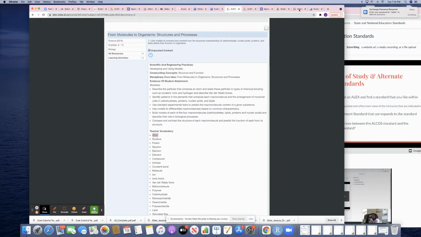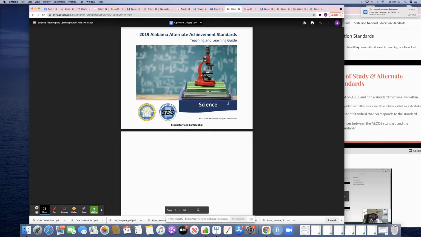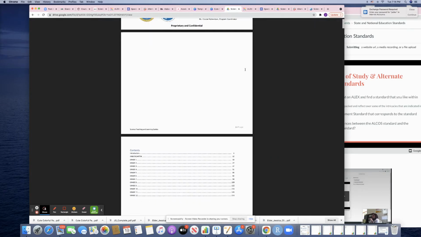The next thing on our job aid, push the back button here, is the Alabama Alternate Achievement Standard. So when you click on this, it's going to bring you to this 2019 Alabama Alternate Achievement Standard Teaching and Learning Guide.